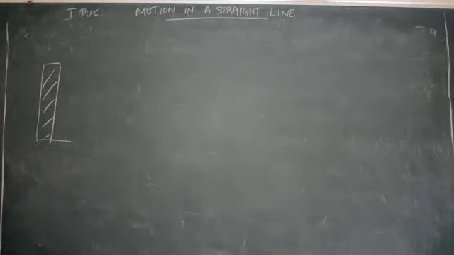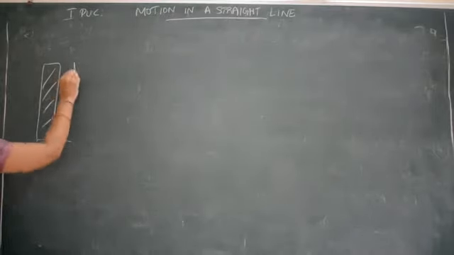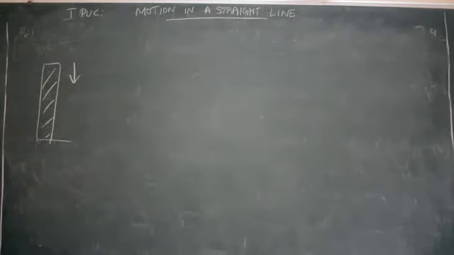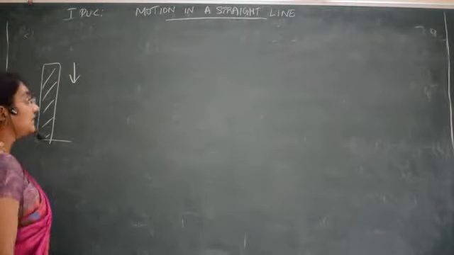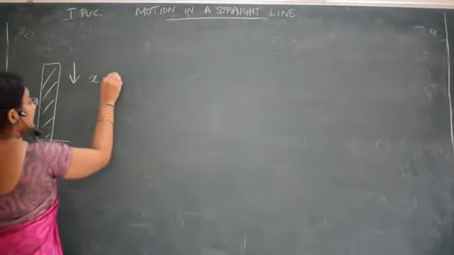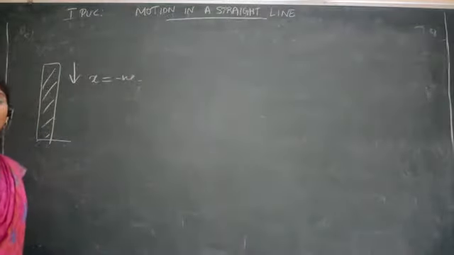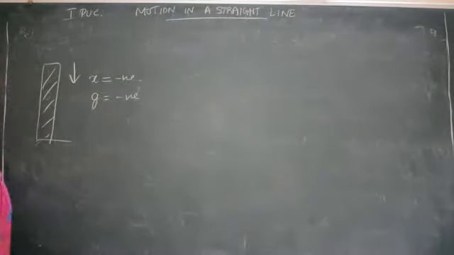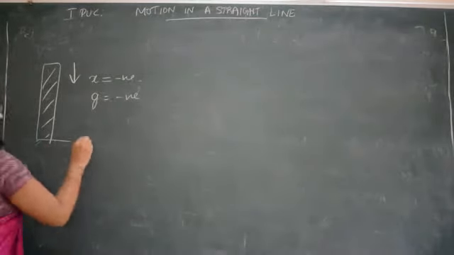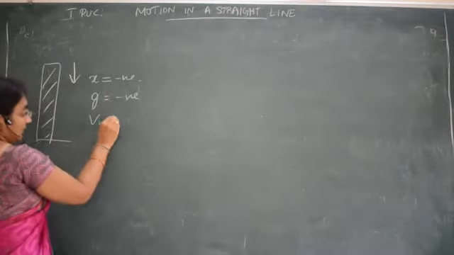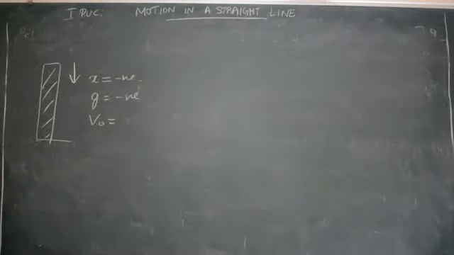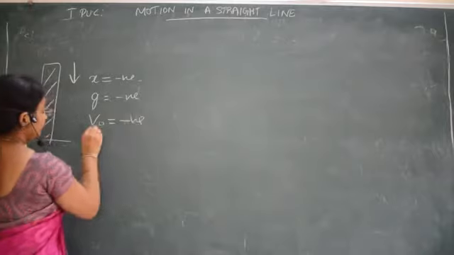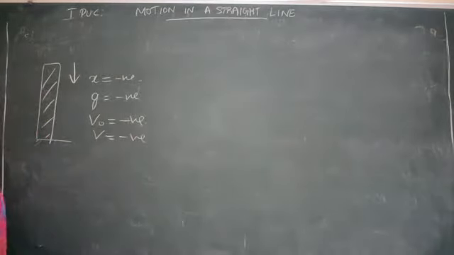If the object is falling vertically downwards, any object falling vertically downwards, we will take displacement as negative. Value of displacement as negative. Acceleration due to gravity negative. Okay. Velocity. Initial velocity also negative, final velocity also negative. Okay, negative.